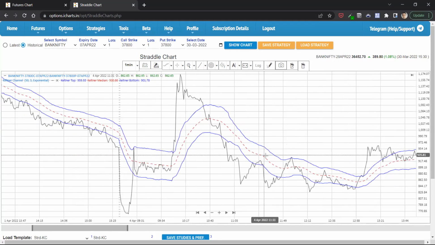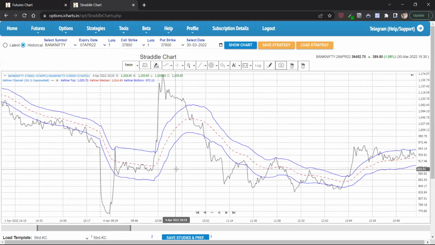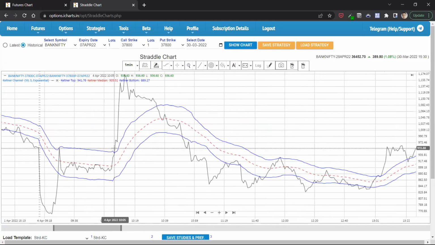What I generally do, this is a very bad day to explain this, but on a normal day, at this point, you take a look at which side it is shooting. Obviously it is shooting to the upside. So for the upside call price, you put an additional 10% on this.